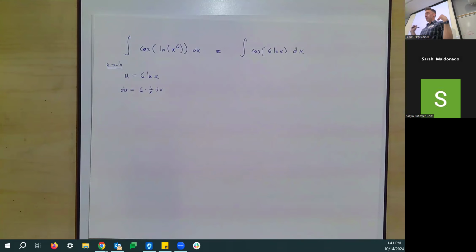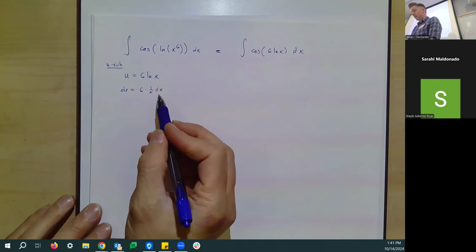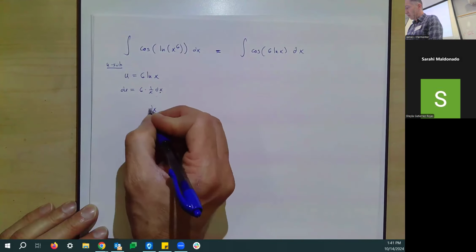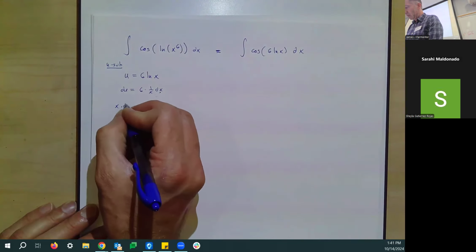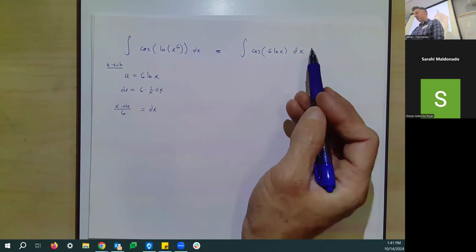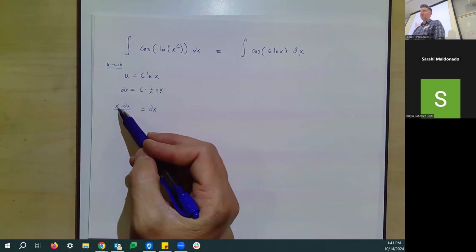You want to figure out what dx is equal to. You could solve for dx here. That is not my preferred way of doing it, but you could say dx equals x times du divided by 6. But if I plug that in, I'm not going to be able to cancel this x out, which is usually what we're trying to do.